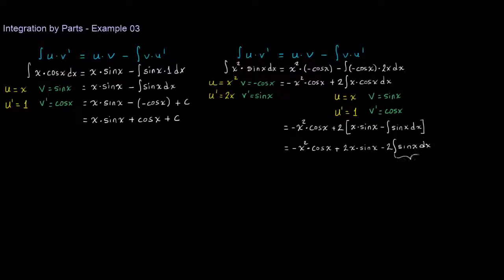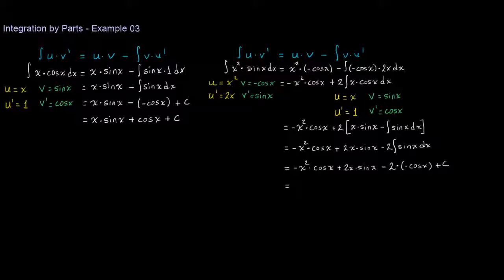And we know how to solve this one, so I'm going to jump to the solution: x squared times cosine of x plus 2 times x sine of x minus 2 times the integral of sine, which we just did over here. So it's actually going to be minus cosine of x, and here we have the plus c.